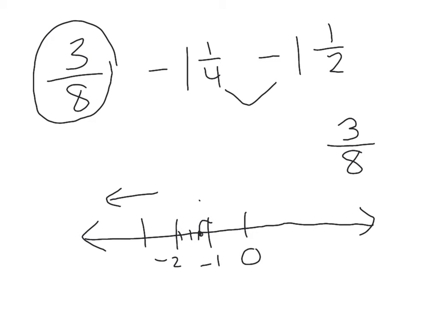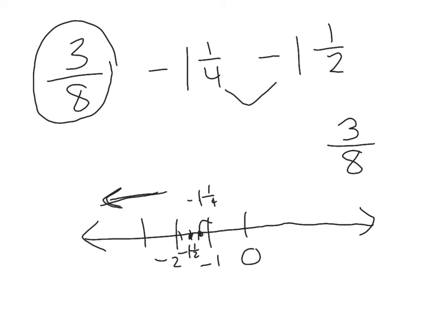So this is negative 1 1/4. And then negative 1 1/2 is going to be halfway in between the negative 1 and the negative 2 right here. Negative 1 1/2. So that one is further left. So that one is going to be smaller than negative 1 1/4.